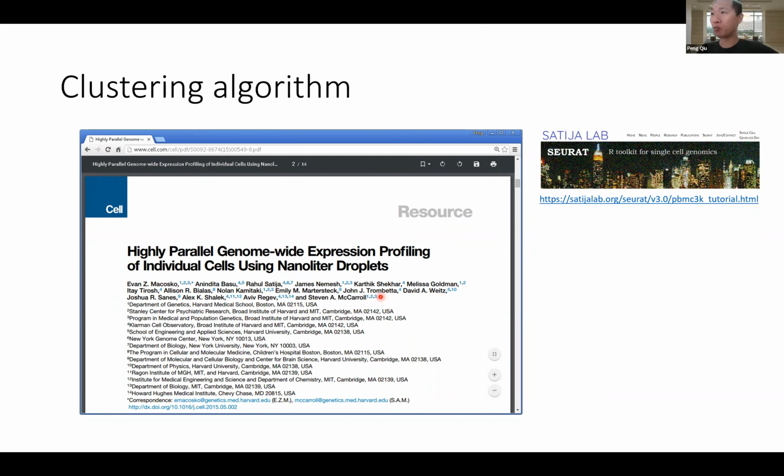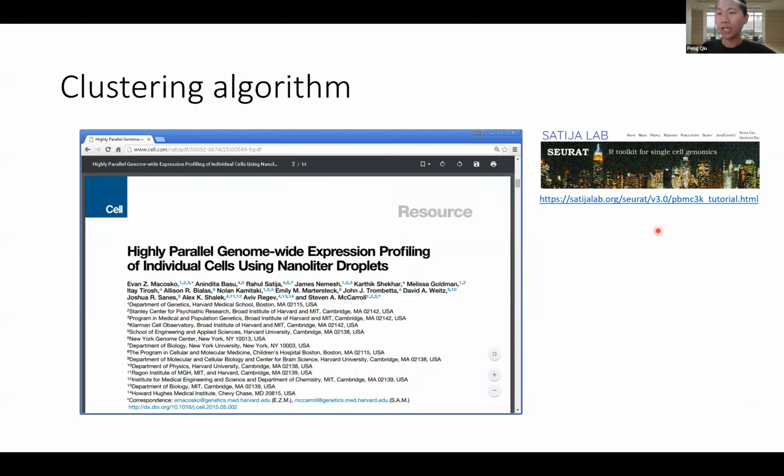And people who wrote this paper, especially Rahul Satija's group, later, he was at the Broad Institute when this paper was published, but later he moved to New York and started his own lab. And he has been developing and maintaining this Seurat R software package that can actually do a lot of things, including clustering, data integration, spatial inference, etc.